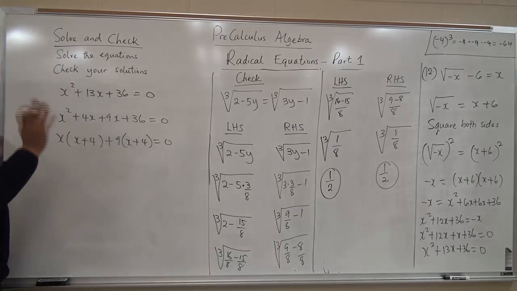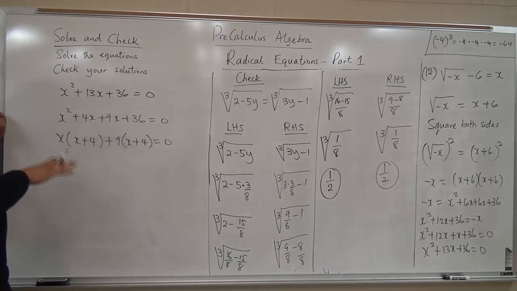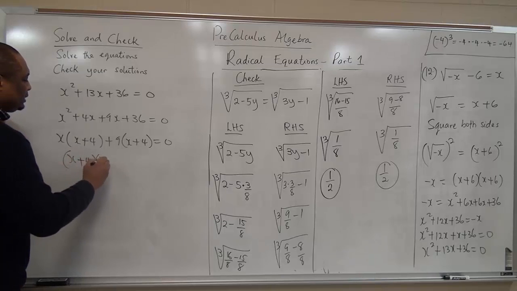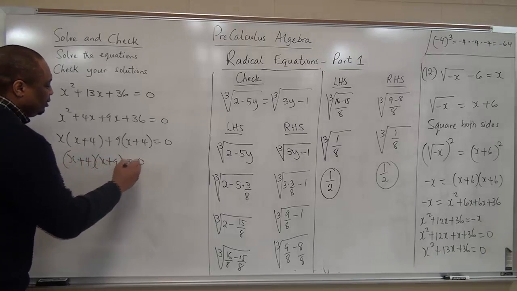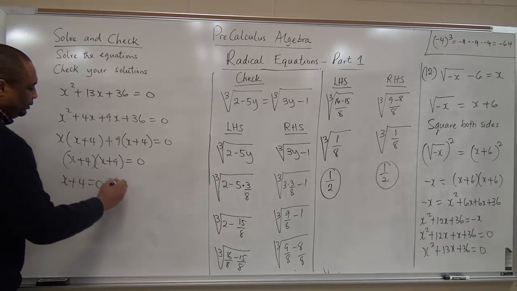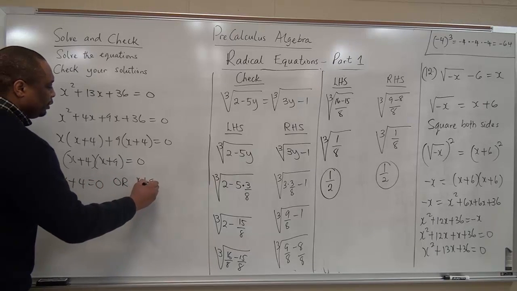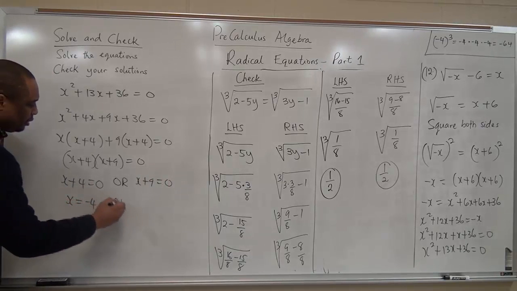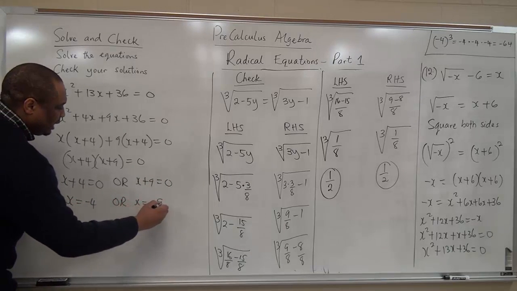Please, if you don't understand what I just did, view the videos on quadratic equations. So this is x plus 4 times x plus 9 is 0. You now apply the zero product property. So x equals negative 4 or x equals negative 9.